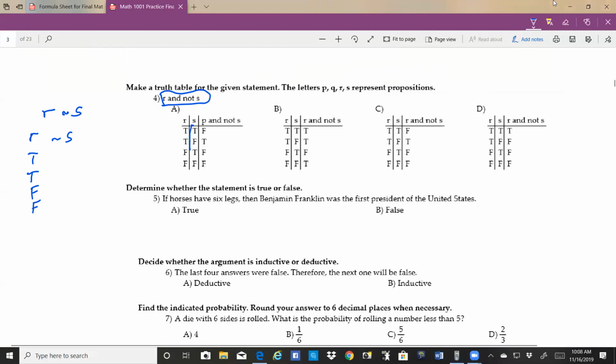And looking at S, which is true, false, not S would be false, true, false, true.